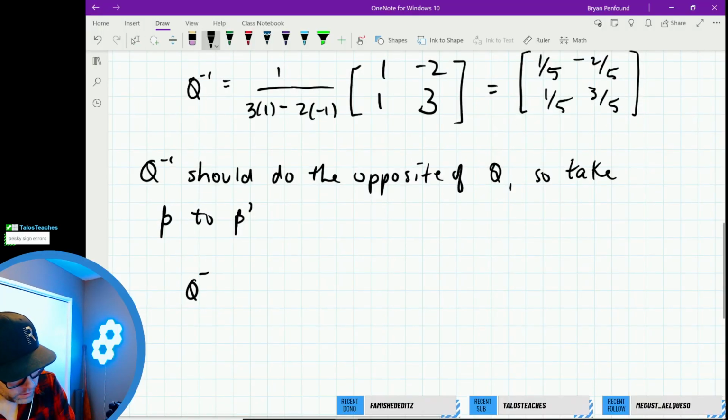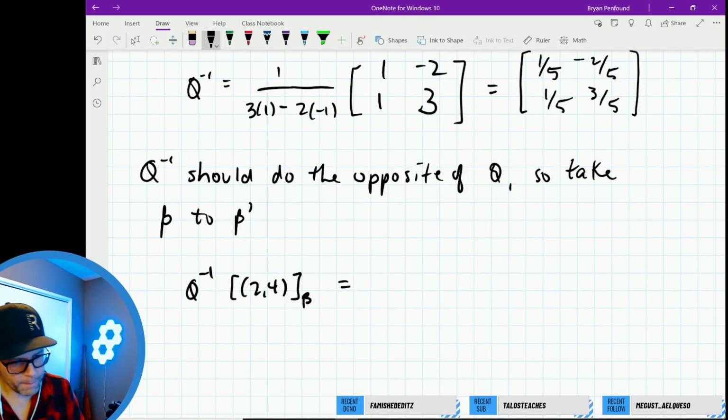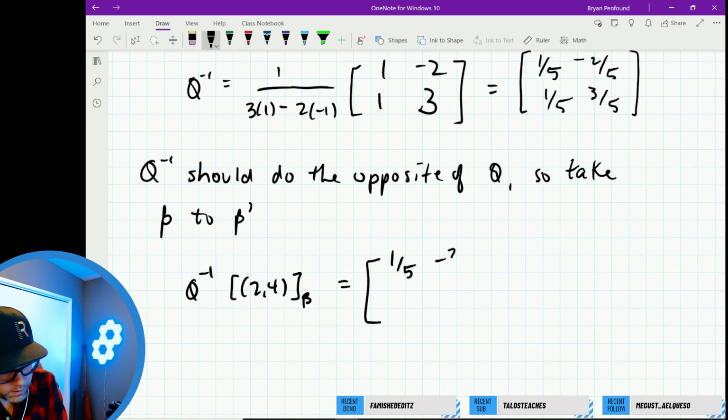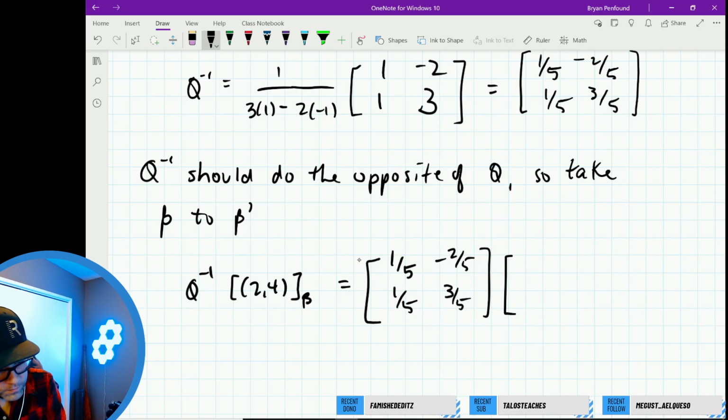So this would be 1/5, negative 2/5, 1/5, 3/5. And then this particular coordinate vector should be 3 minus 1.